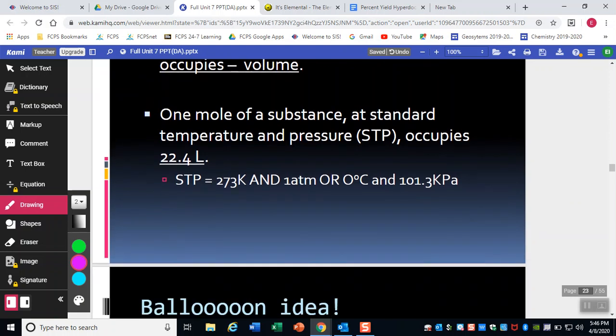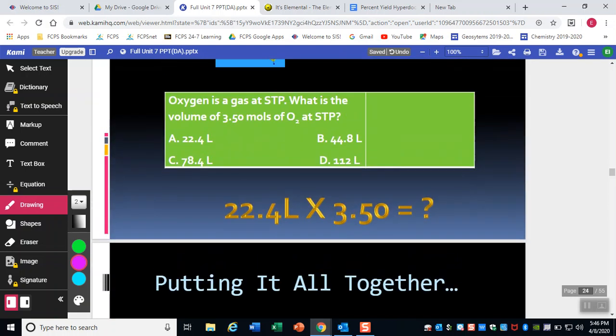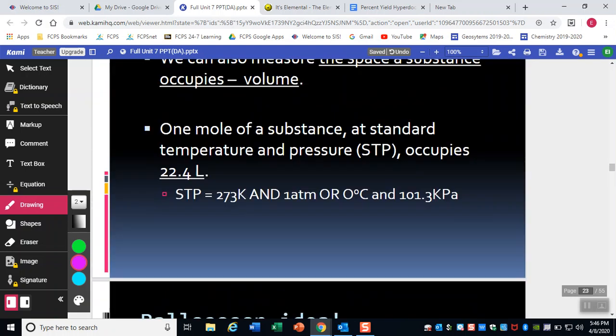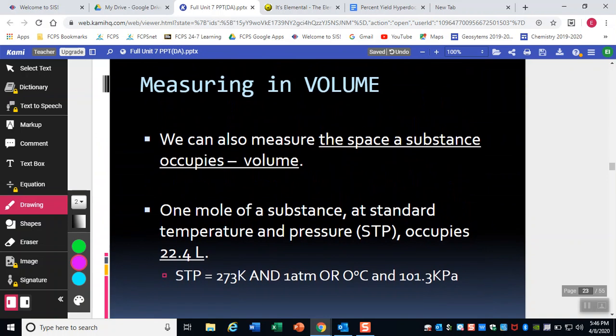Measuring in volume, well, it turns out that if you have a gas, a gas is going to have the volume of the space it occupies.